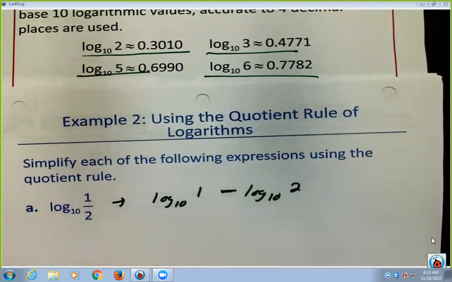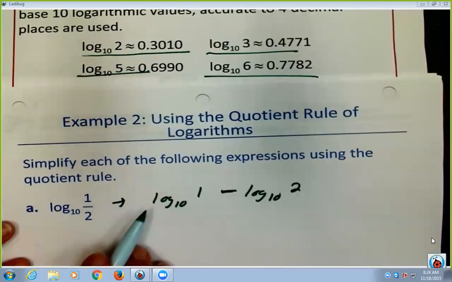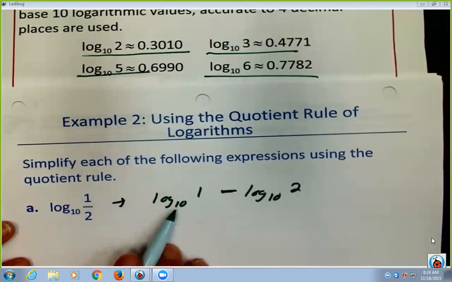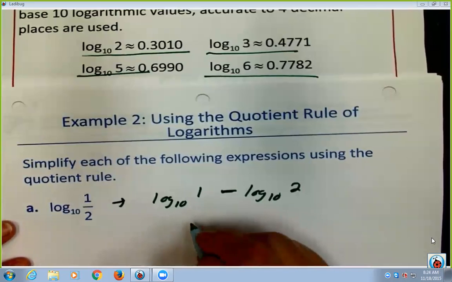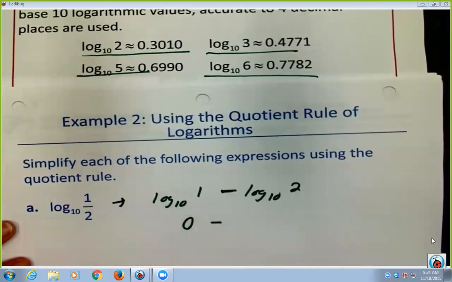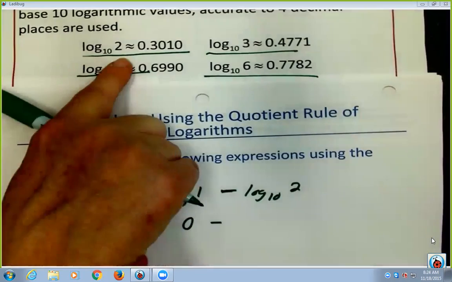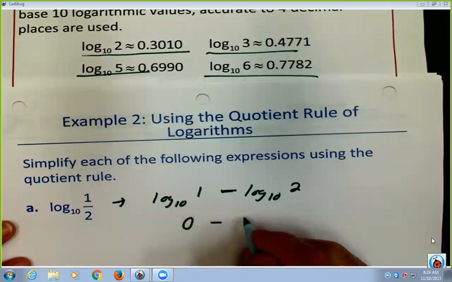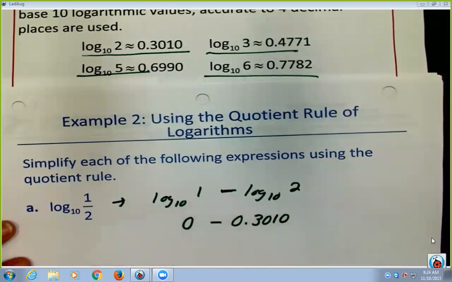Okay, so what do we end up with for answers in here? It's kind of thrown back to 11.4 because we have to go, this one, what is it equal to? That's one of our rules from the previous section. So it's equal to 0 minus what log 10 of 2 is equal to. So I'm going to subtract 0.3010 from that.